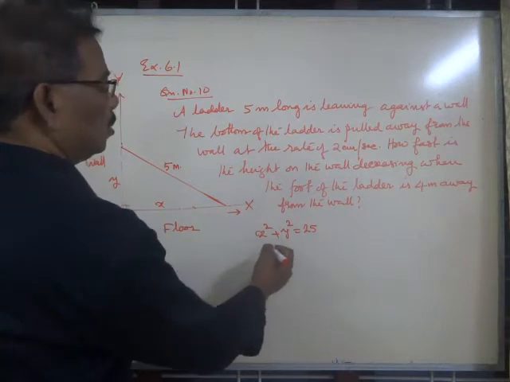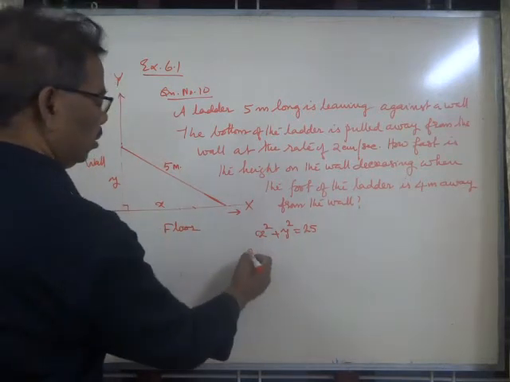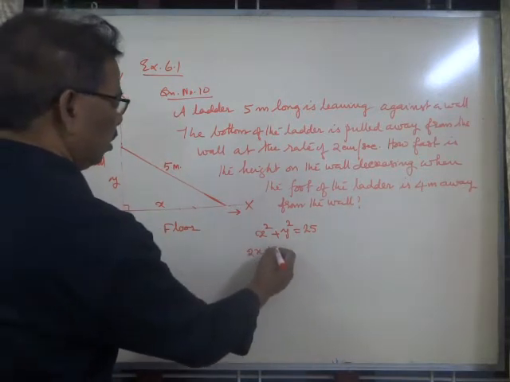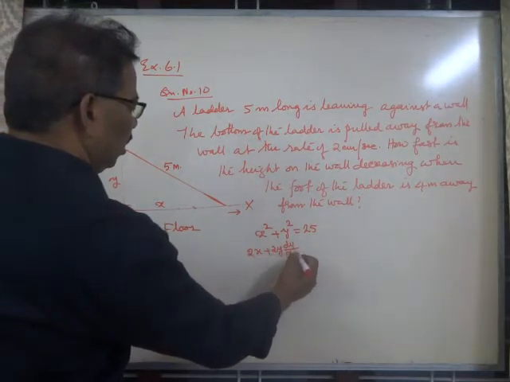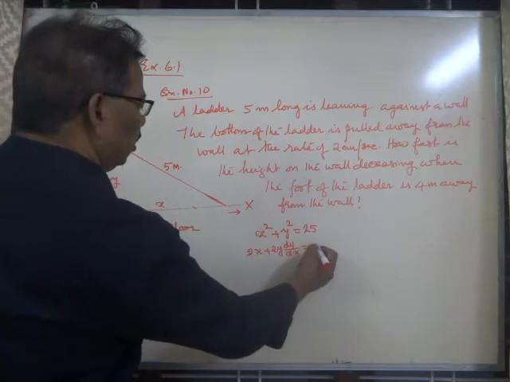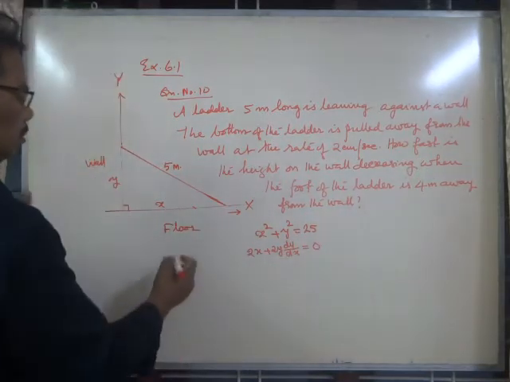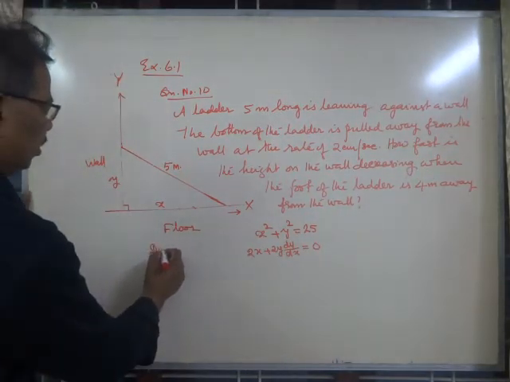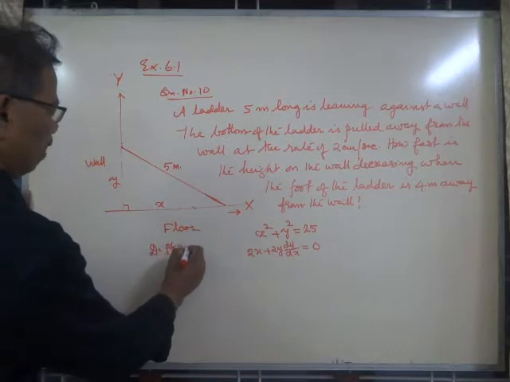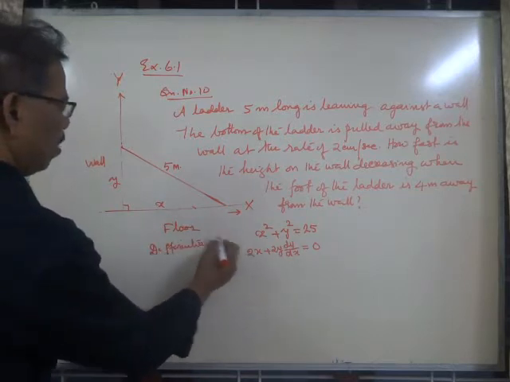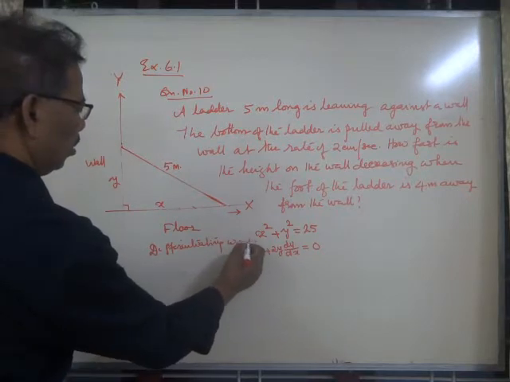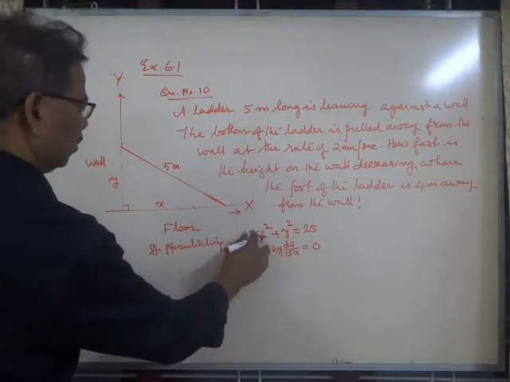We shall differentiate this. 2x plus 2y dy by dx will be equal to 0. Differentiating with respect to x.